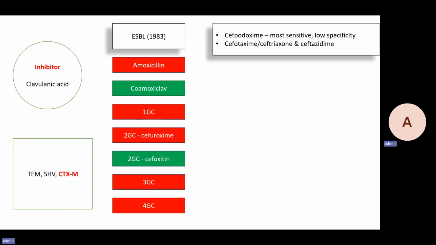On the other hand, in other specimens like blood cultures, if you want to screen for ESBLs, you might want to use cefotaxime, ceftriaxone, and ceftazidime. You might ask why cefotaxime, ceftriaxone, and ceftazidime? Can we not do it with only one third generation antibiotic? You can, but there is a chance that you might miss some types of ESBL.